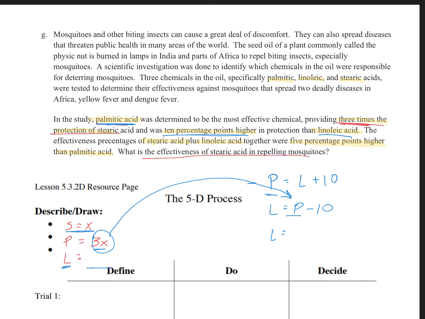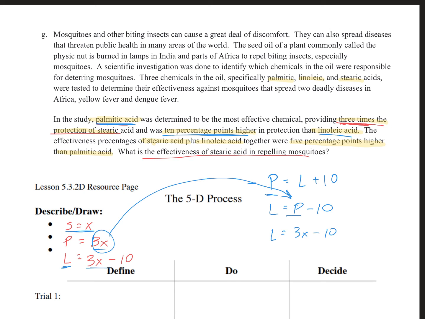So instead of L equals P minus 10, I can say L equals 3X minus 10. So L is equal to 3X minus 10. The next part that's kind of tricky about this problem is to figure out what exactly goes in the do column and what exactly goes in the decide column.